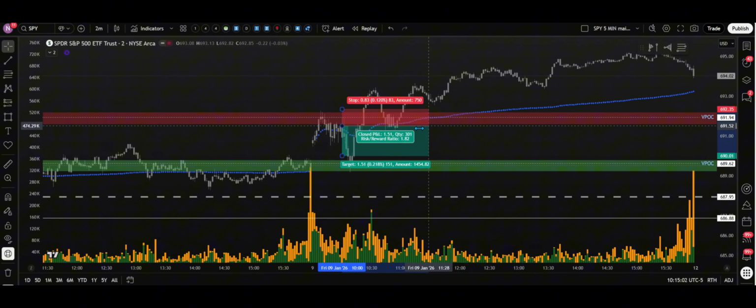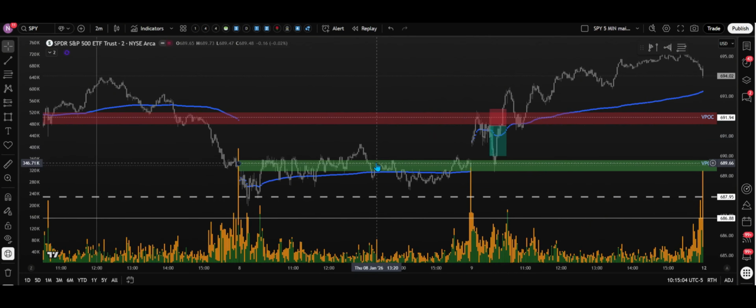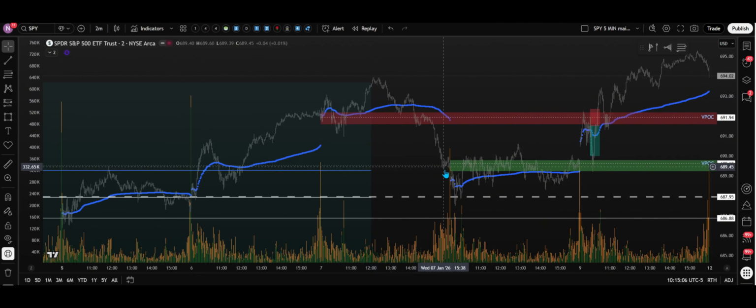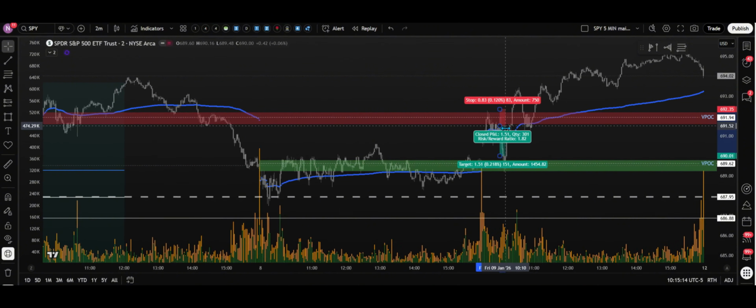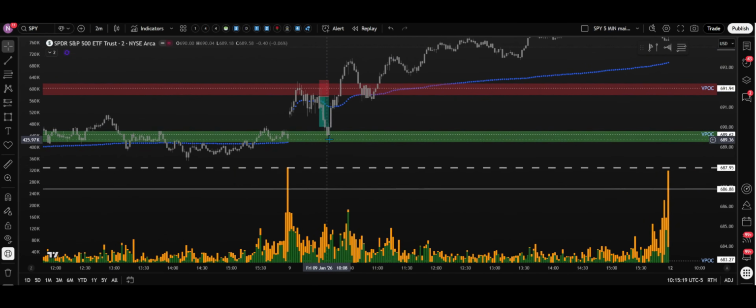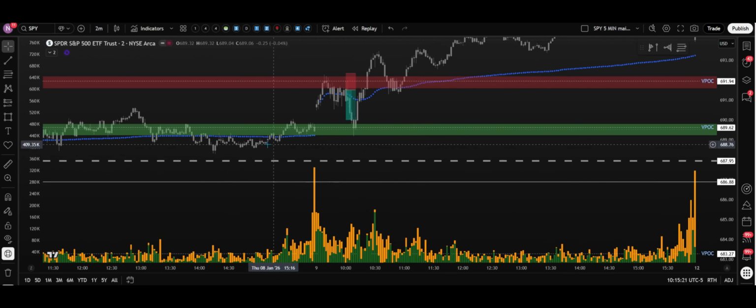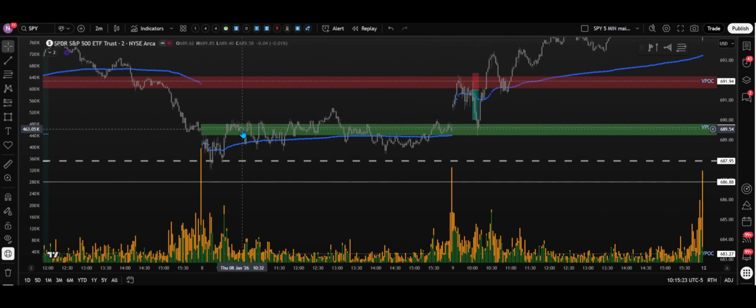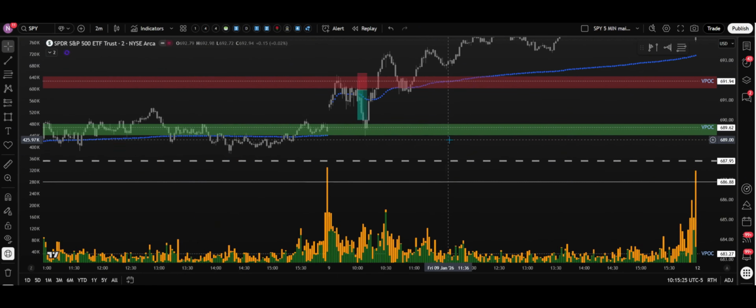Or what you can also do is just wait for this point of control, since we know that we're falling to a spot of heavy liquidity and buyers have showed that they're ready to hold the price here. Now you could take that trade. You could also wait to see what happens when this zone is tested. We already know there's a lot of buyers down here stopping price from falling.